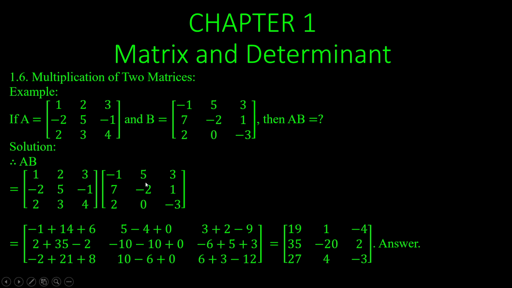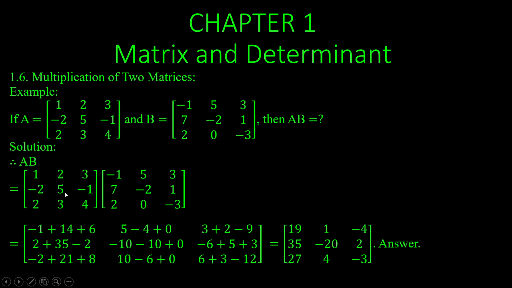Now we have to multiply all the entries of the second column of the second matrix by the corresponding entries of the first row, second row, third row of the first matrix. So multiplying 1 and 5, we get 5, 2 and minus 2, minus 4, 3 and 0, plus 0.